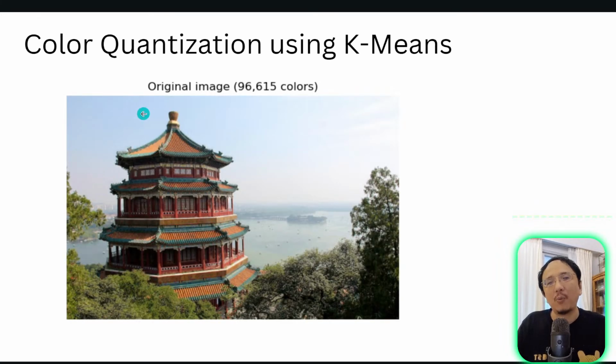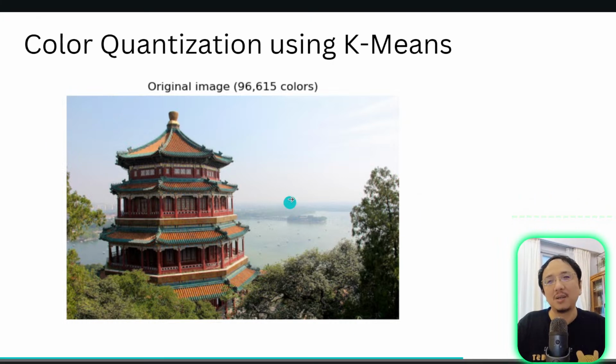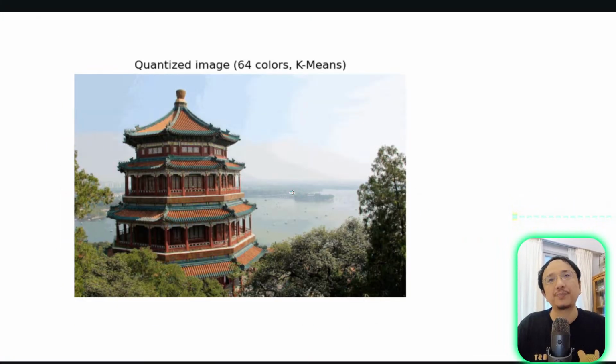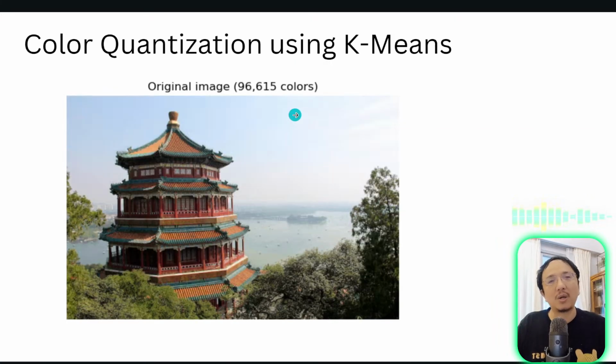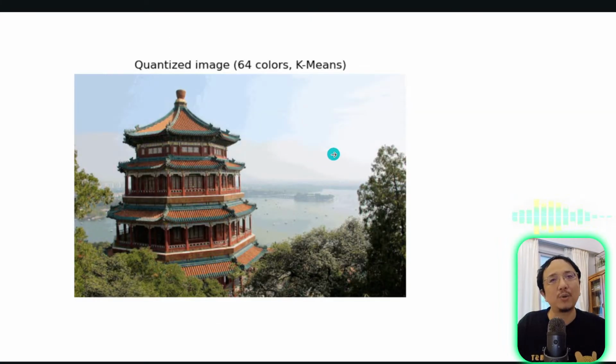So we are working in a three-dimensional space, RGB space, with a lot of samples. Then we use k-means to choose 64 colors. That is, we actually use 64 means to cluster all these numbers into 64 different groups.